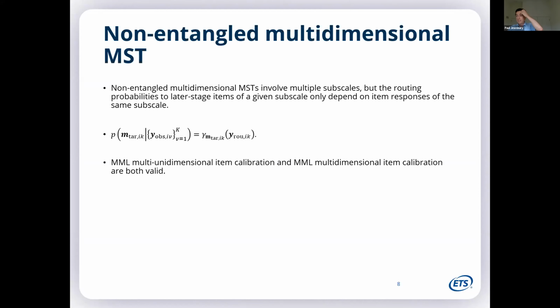In this case, ML multi-unidimensional item calibration is appropriate in order to account for the missing data. It's also true that MIRT is valid for missing data, and so you might prefer one or the other for different reasons, but they're both appropriate for accounting for the missing data.